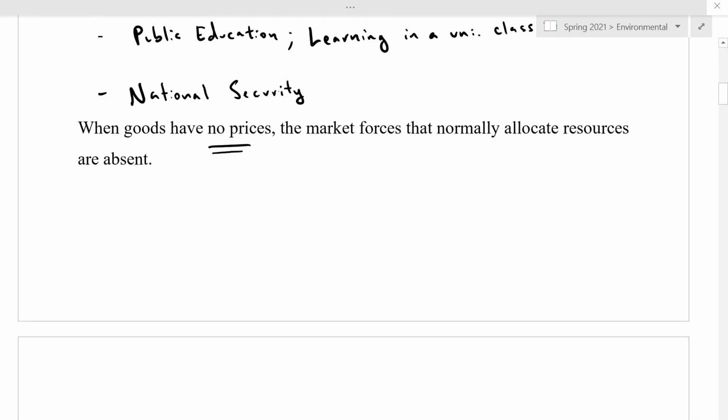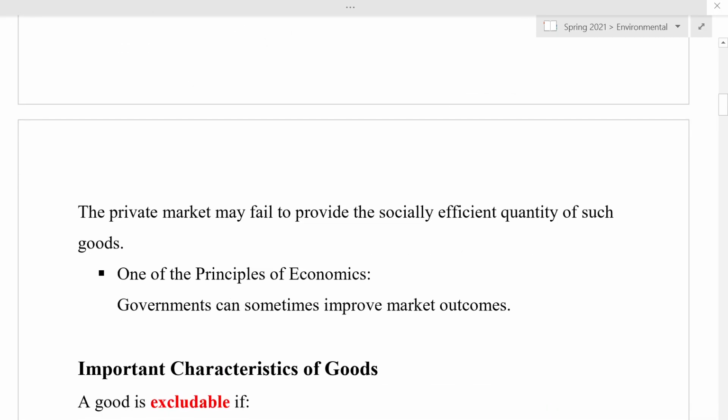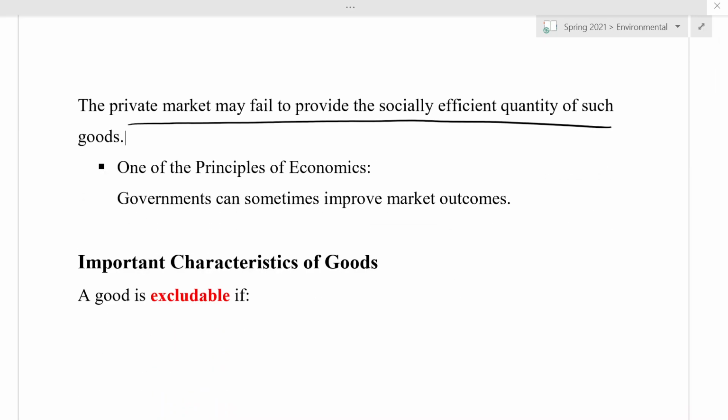Since there are no prices, what can often happen is that the private market may fail to allocate the socially efficient quantity. And that's when we come back again to one of our first principles in economics, which is that the government can sometimes improve market outcomes.